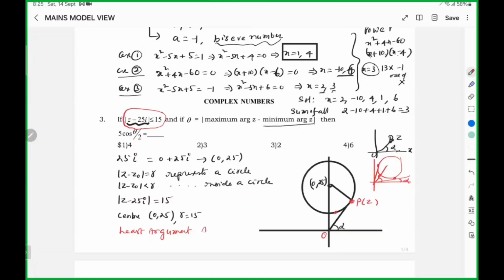So argument of z here, that least argument, is alpha. So then this becomes 90 minus alpha. Now to have a greatest argument, this particular complex number will have a greatest argument.